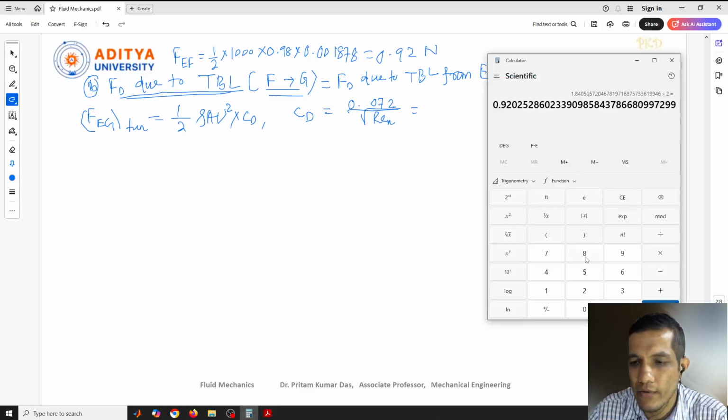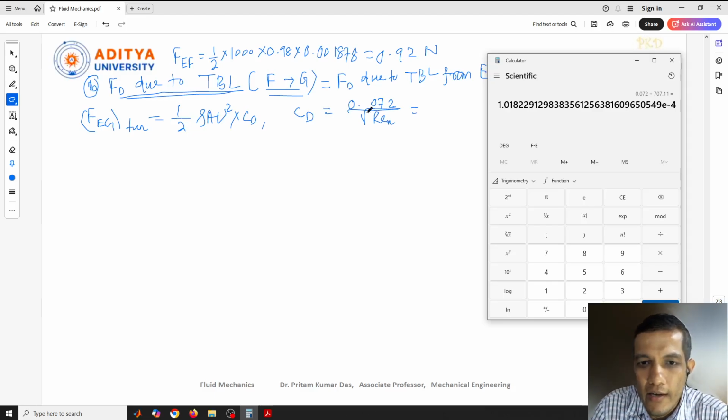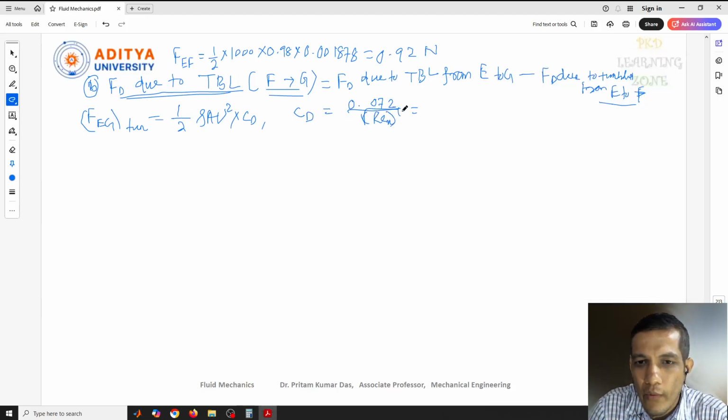So let's write down 0.072 divided by... Okay, not root over this one, this is actually to the power 1 by 5.